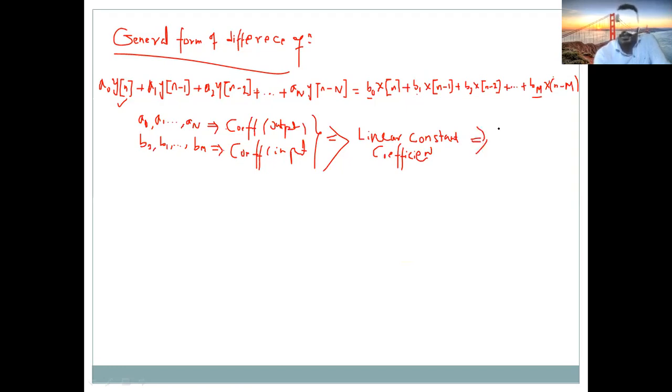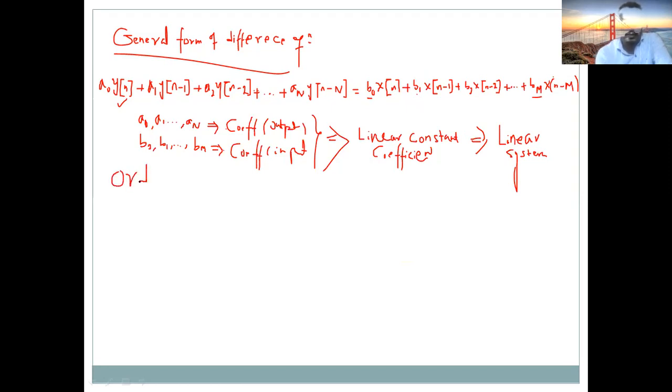Our system is a linear time invariant system. What is the condition to be a linear system? These coefficients, if they are constants and don't depend on time, we call it a linear system. We'll see an example.